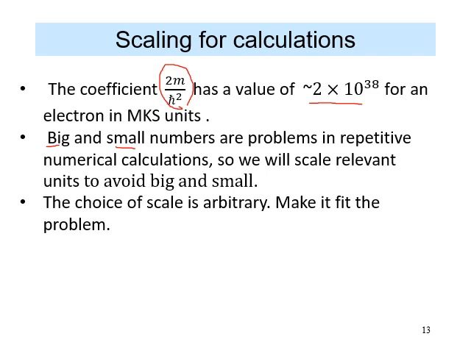But it's all a question of whether you have enough digits in your calculation to have a reasonable idea that your calculation isn't going to go off because you've got an underflow or an overflow. So we try to keep the numbers within a reasonable range. The actual choice of scale is arbitrary. You can just choose things to make it work for you, right? Make your choice of scale fit your problem.